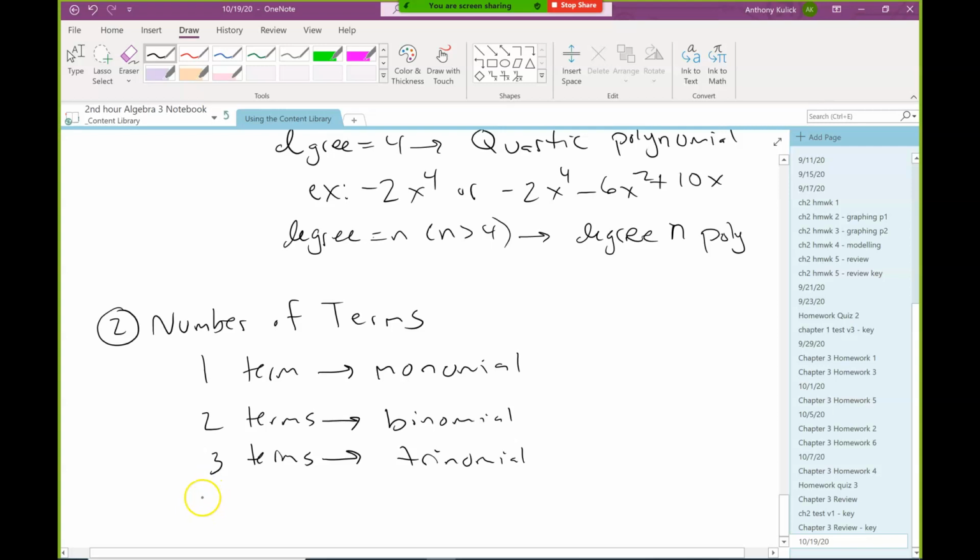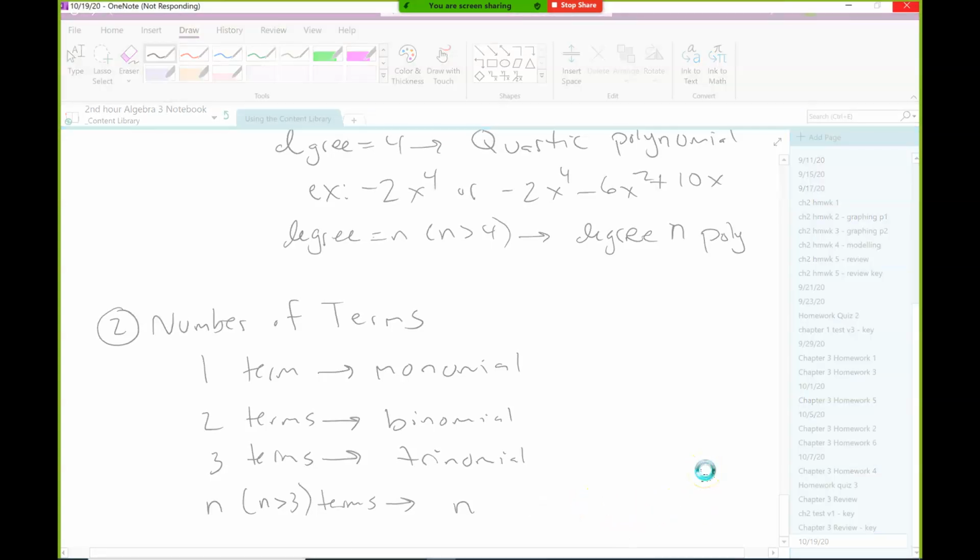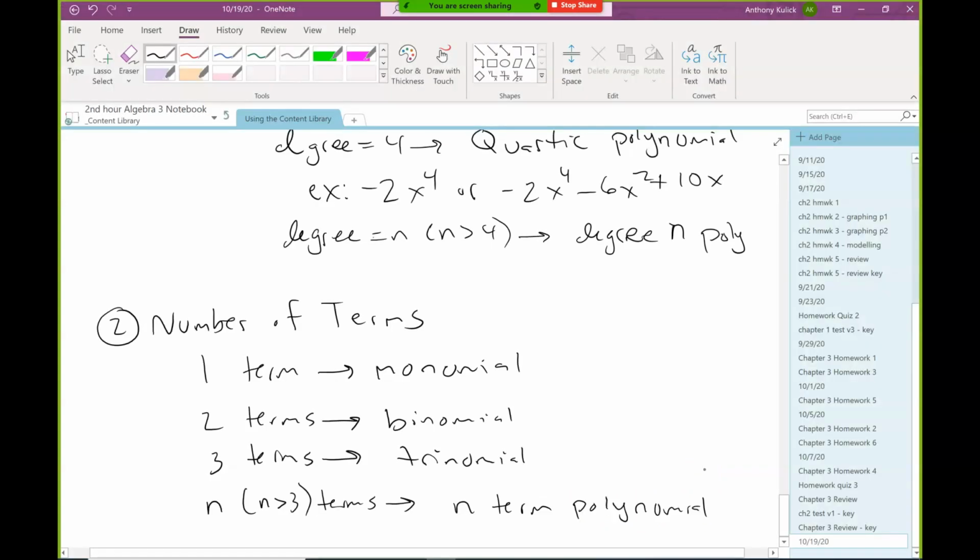So if something had 4 terms, we'll just call it a 4-term polynomial. Is that okay? Yes, of course.